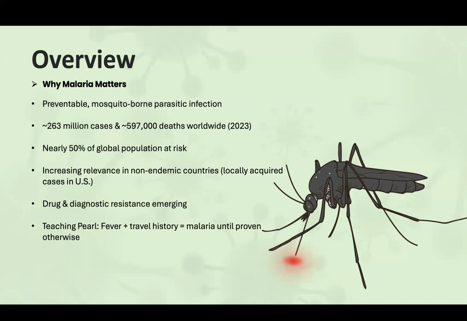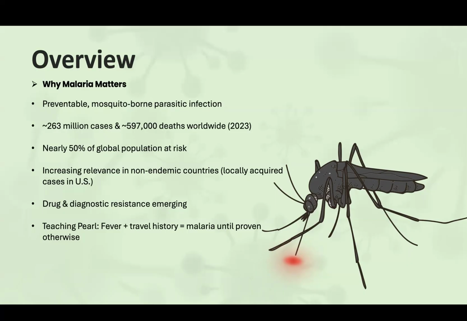This is an overview of why malaria matters. It's preventable. It's a mosquito-borne parasitic infection. There's over 263 million cases worldwide, and of those cases, 597,000 deaths as of 2023. Nearly half of the global population is at risk of malaria.